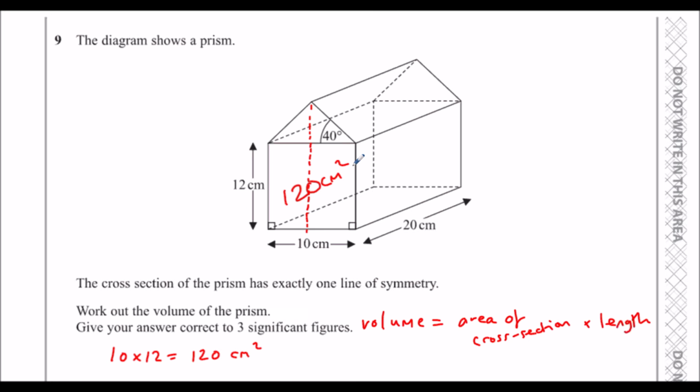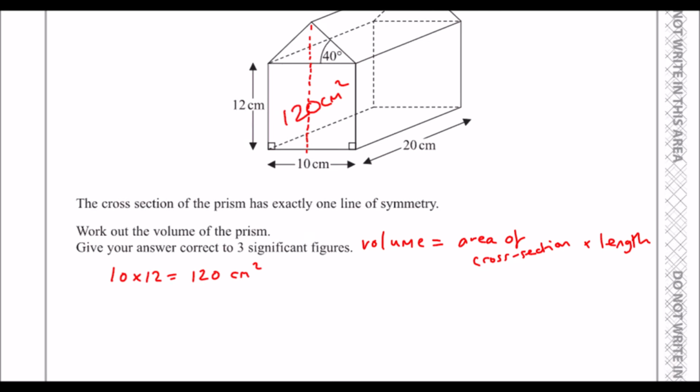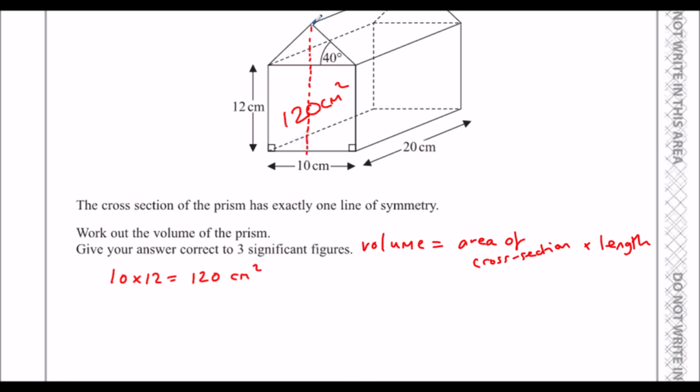But how can we work out the area of this triangle? We've been given a 40-degree angle here. So I'm just going to look at this right angle triangle in the middle, so split the isosceles triangle in half. We know we've got a 40-degree angle, a right angle, and half of 10 is 5 centimeters.